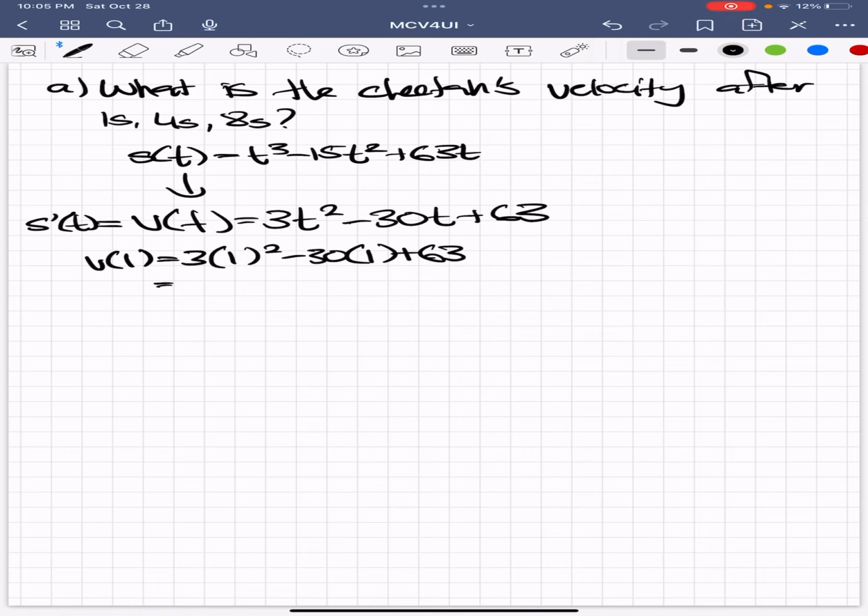So 3 in brackets 1 to the power of 2 minus 30 in brackets 1 plus 63. And that's 36 meters per second. Remember, we measure velocity in meters per second, and then for acceleration we do meters squared over seconds.